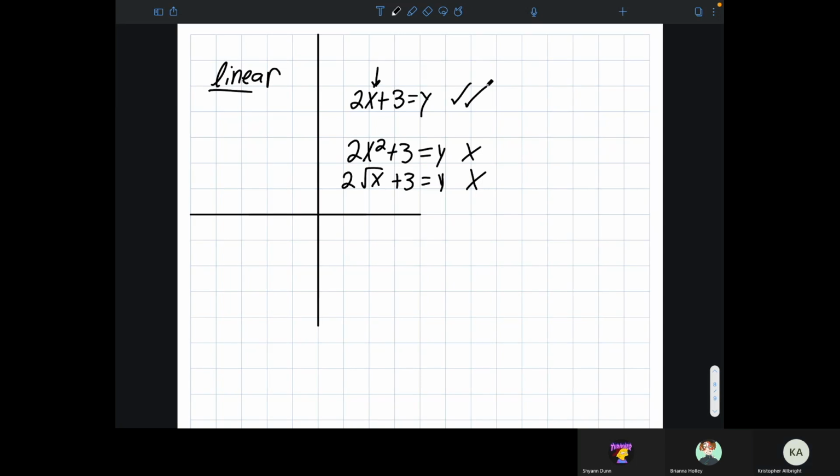So this is useful because specific linear functions and quadratic functions have things in common with each other. So quadratic functions have things in common with other quadratic functions, and linear functions have things in common with other linear functions.